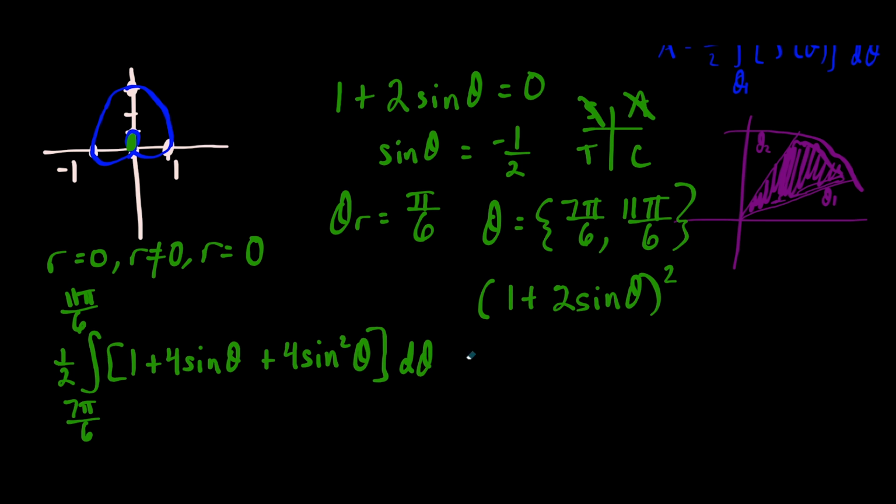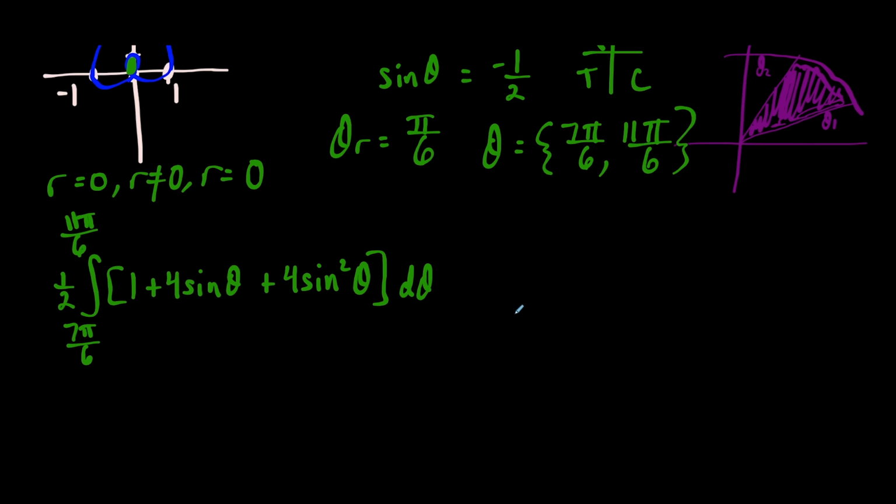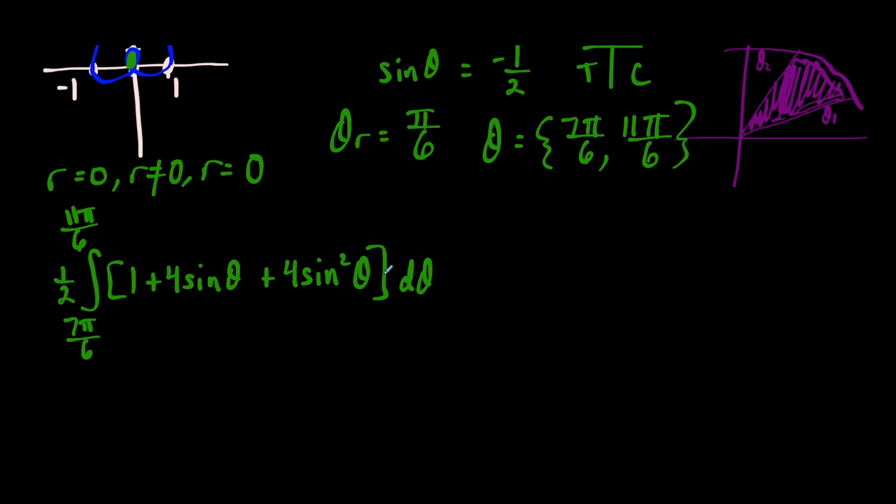For a question like this, the rest is kind of annoying, but we'll go through it anyway. We'll pretend that a calculator is not an option. We're going to apply the trig identity to the sine squared theta.